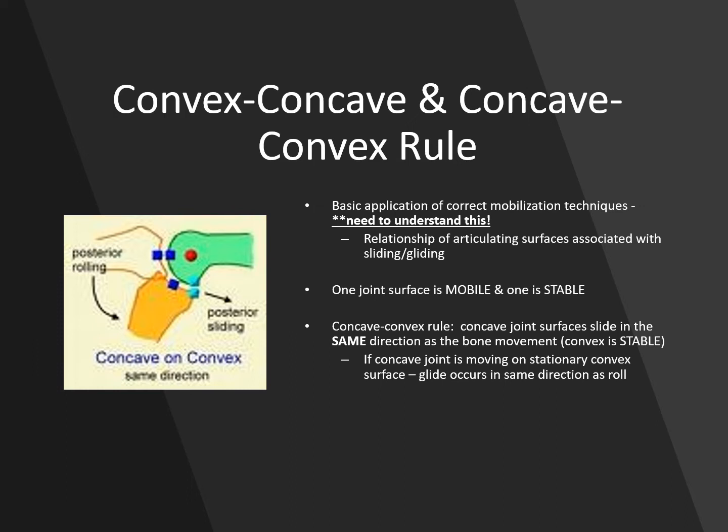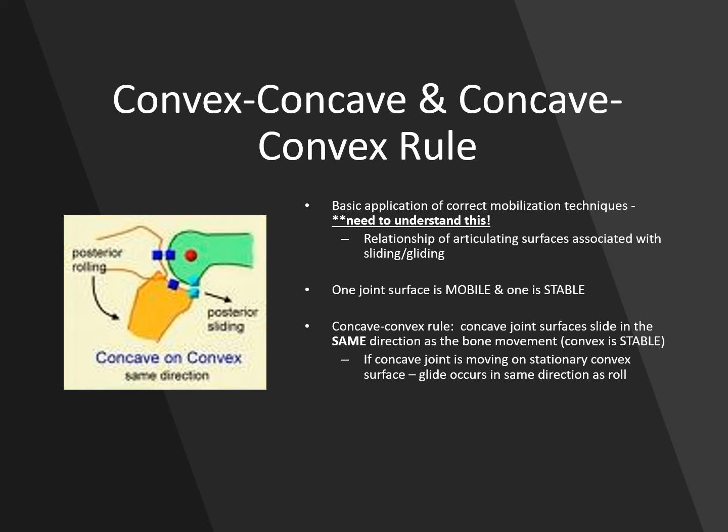In the previous rule we understood that the rolling and sliding happens in the opposite direction. But when a concave moves over a convex surface, the roll and slide happens in the same direction, which means during extension of knee, when the tibia is moving over the femur, the roll is in the anterior direction and the slide is also in the anterior direction.